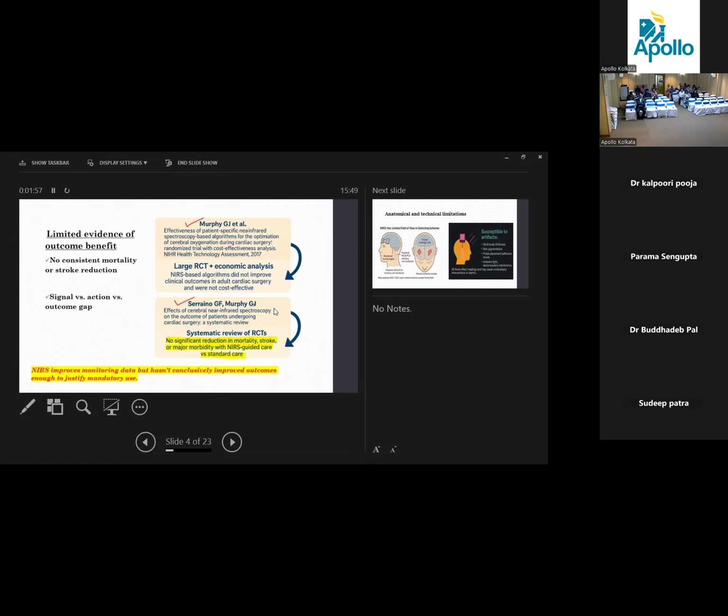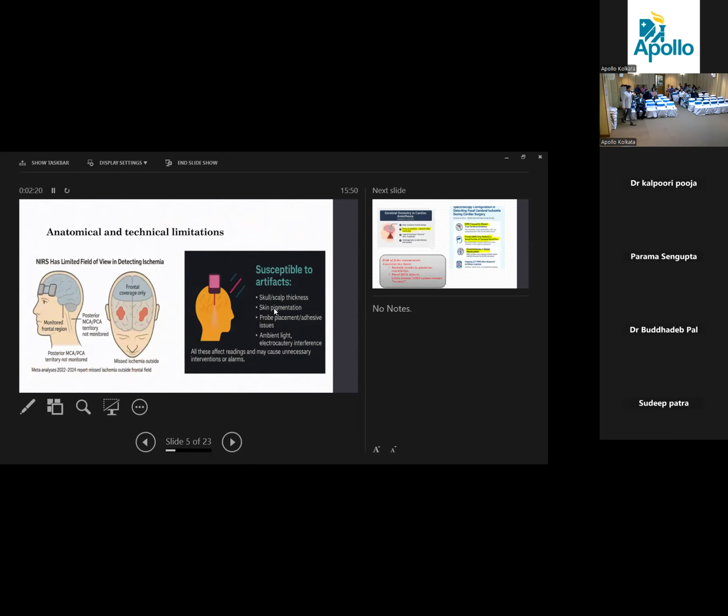Next is the signal versus action versus outcome gap. What is it? If there is a NIRS saturation drop and the anesthesiologist does something, it doesn't always guarantee a better patient outcome. So we can say that NIRS improves monitoring data but hasn't conclusively improved outcomes enough to justify its mandatory use.